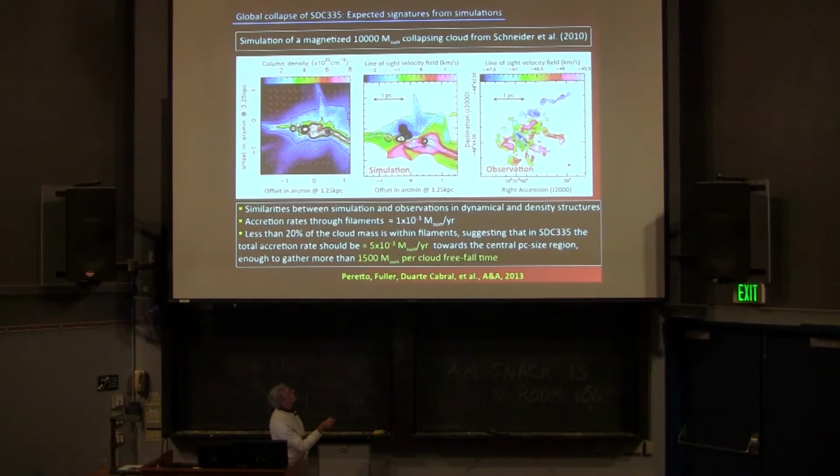And you can see it's a bit messier, but you see from the color coding that there are some velocity gradients, and they might correspond to filaments coming in to feed this region. They calculate the inflow rate of this material at something like 1,500 solar masses per cloud freefall time. So they're continuing to feed this region, and the idea is that this is consistent in some way with the competitive accretion picture, though I'm not quite sure why that's so true.